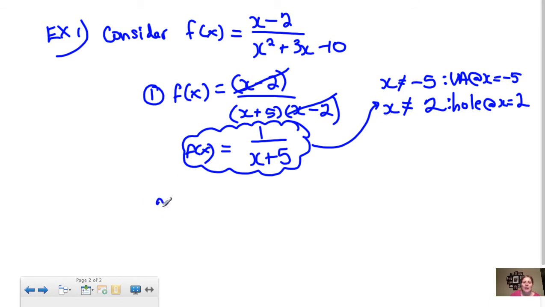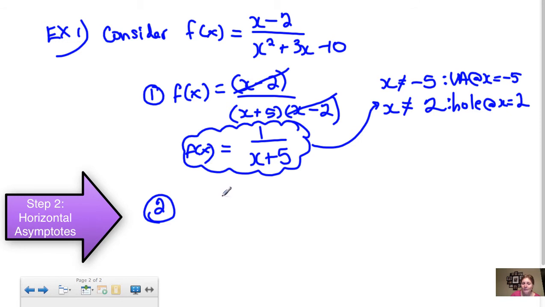That's the first step. The second thing I need to do is determine my horizontal asymptotes, and that's going to tell me my end behavior. So for my horizontal asymptotes, I look at my numerator degree and my denominator degree. My numerator degree in this case is 1. My denominator degree in this case is 2.